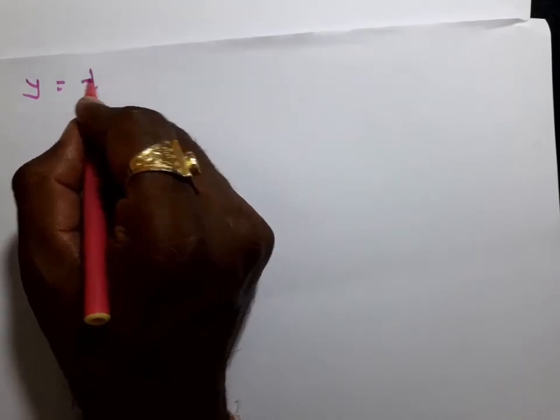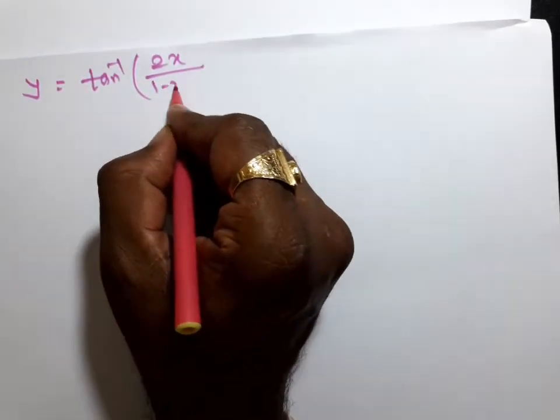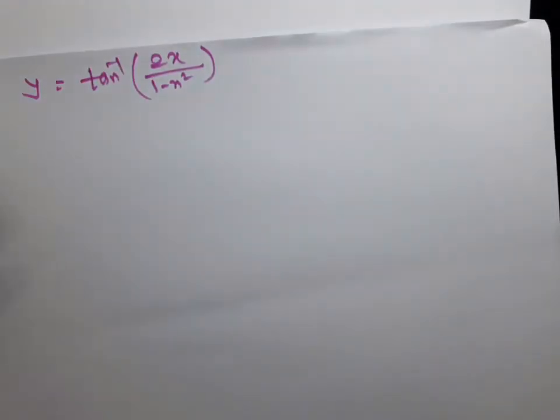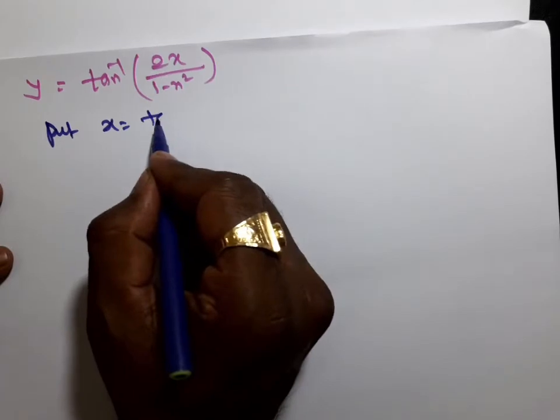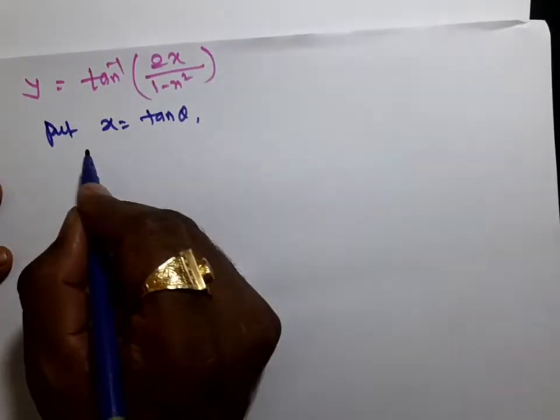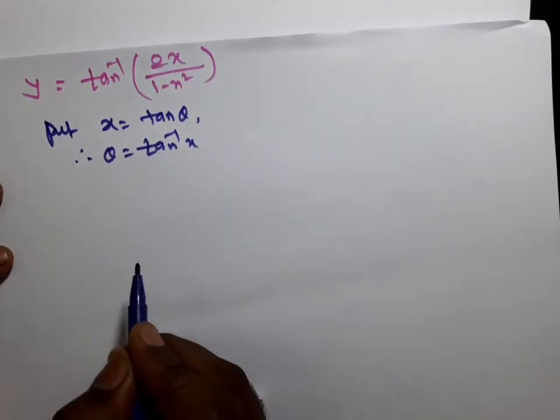Example number 13. y is equal to tan inverse of 2x upon (1 minus x square). So here also put x is equal to tan theta. Therefore theta is equal to tan inverse x.